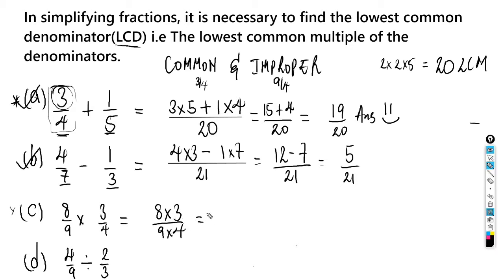And that would give us 8 times 3 would actually be 24, and 9 times 4 is actually 36, right? And then we can cancel out. 12 can go into 24 2 times, and 12 can go into 36 3 times, which would give us the same thing as 2 over 3.